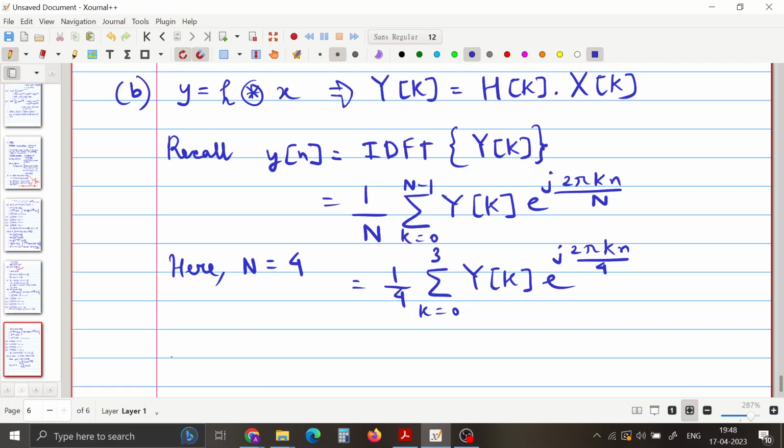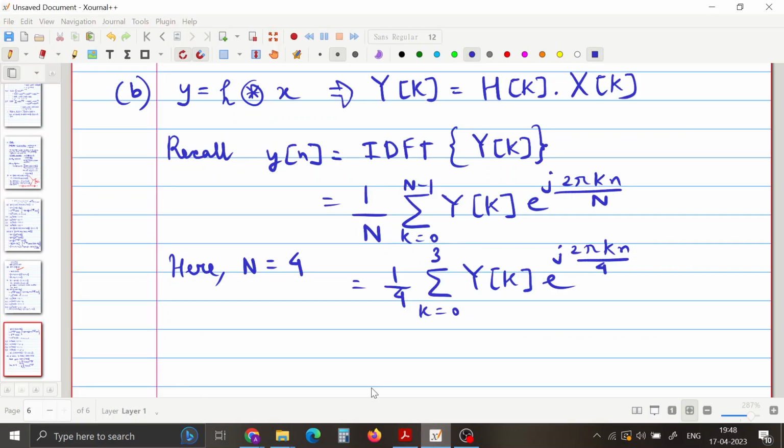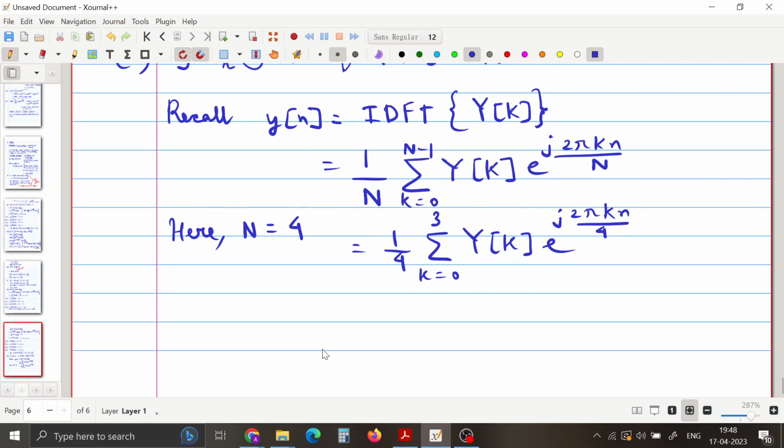Fine. Now in the question, you need to just find small y of 0 and small y of 1, only these two. You don't have to find all the points. So for that, just put n equals to 0 first.